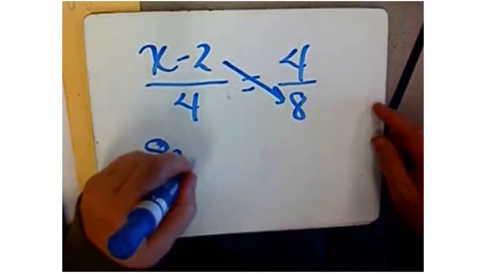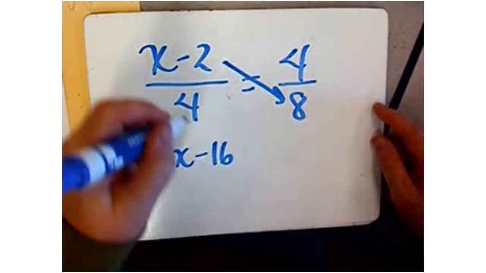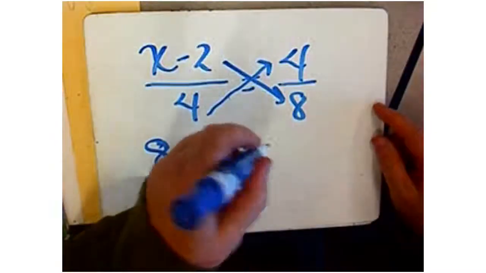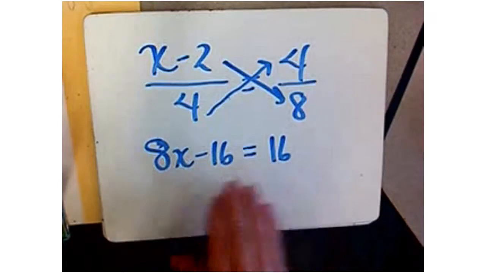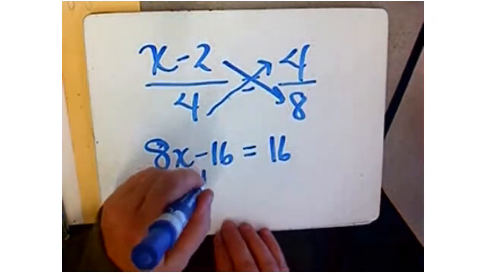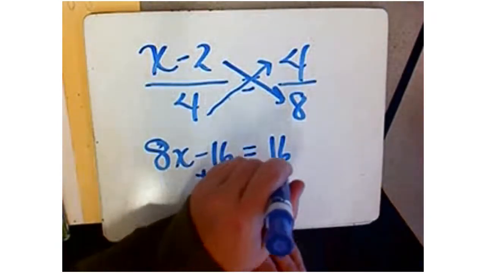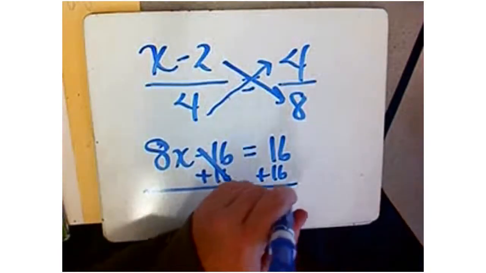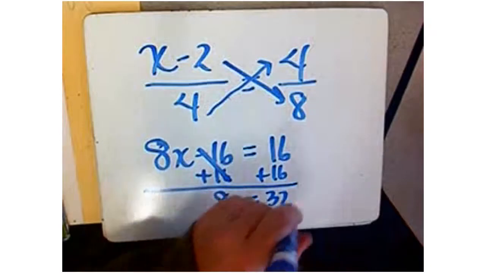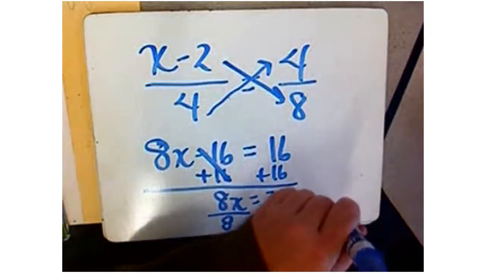So we have 8x minus 16. And then 4 times 4, so that equals 16. 8x minus 16 equals 16. We want to undo the minus 16, so we're going to add 16 to both sides. 8x is going to equal 32. You're going to divide by 8 on both sides, and x equals 4.